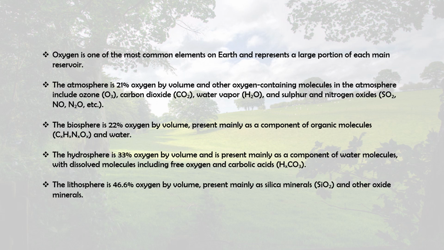And in the biosphere, oxygen is 22% by volume, and present mainly as a component of organic molecules. And the empirical formula is CHNO whole X. That means the number of atoms is depicted by X.